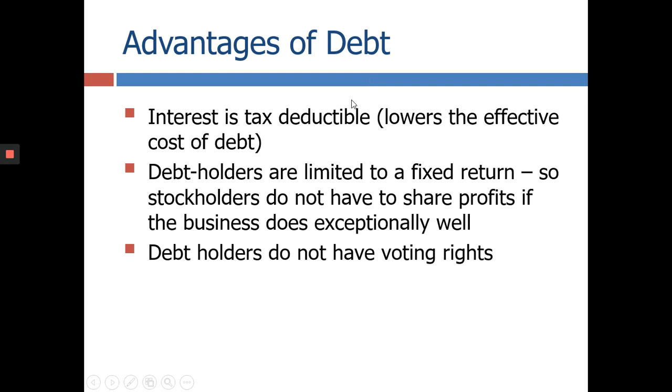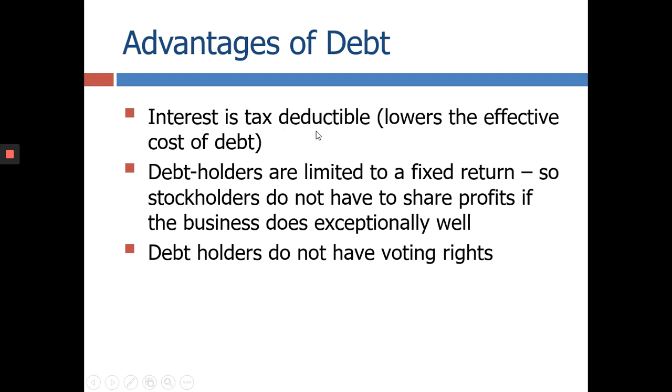So what is the advantage? One of the main advantages of debt is the tax. When you take a borrowing, you have to pay interest. If you take a loan, you have to pay interest to the bank. The interest is actually tax deductible, so that's a good thing about interest. Therefore, your tax will reduce.